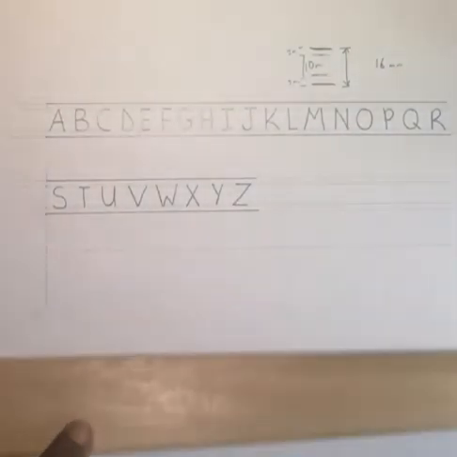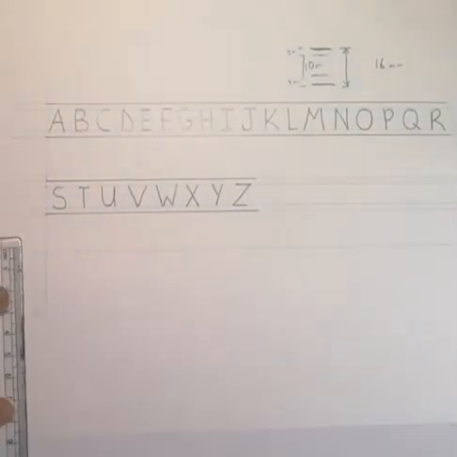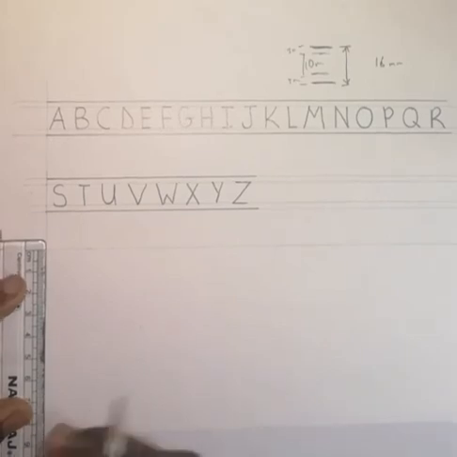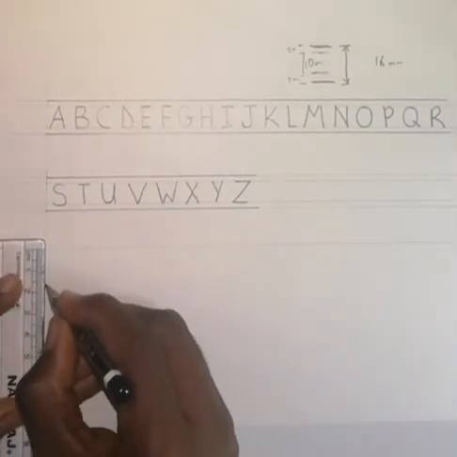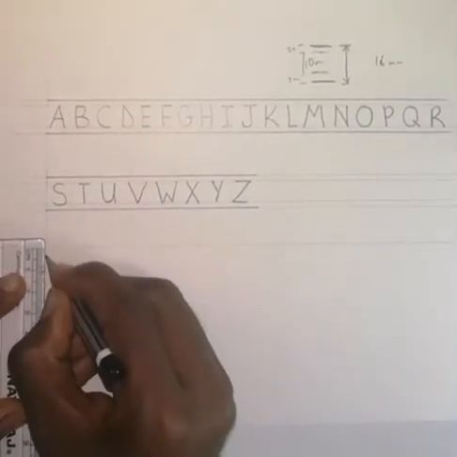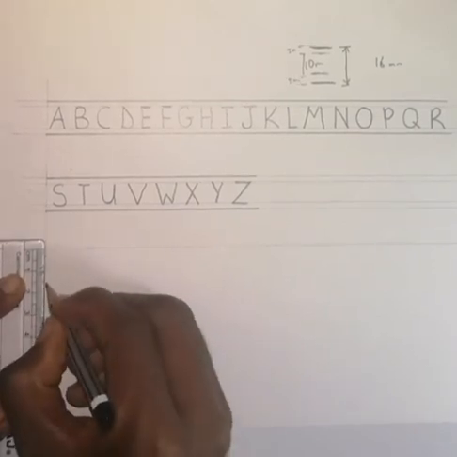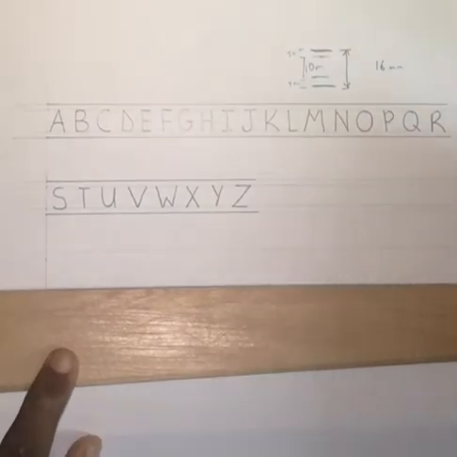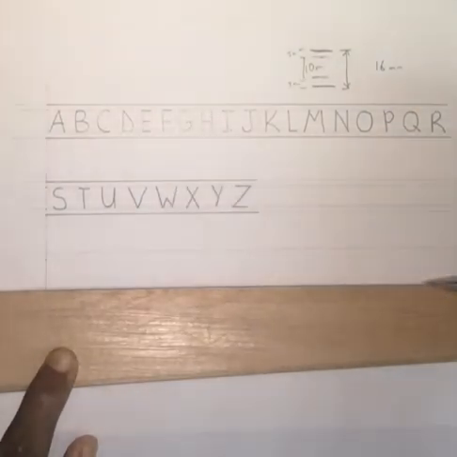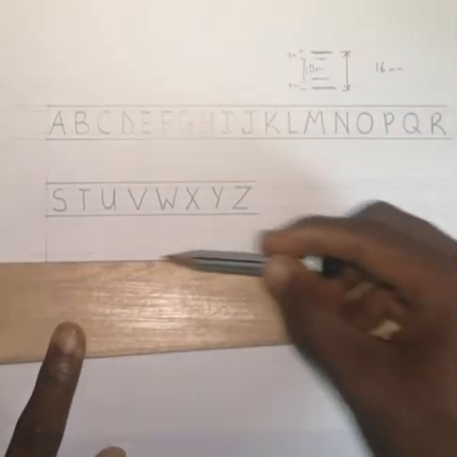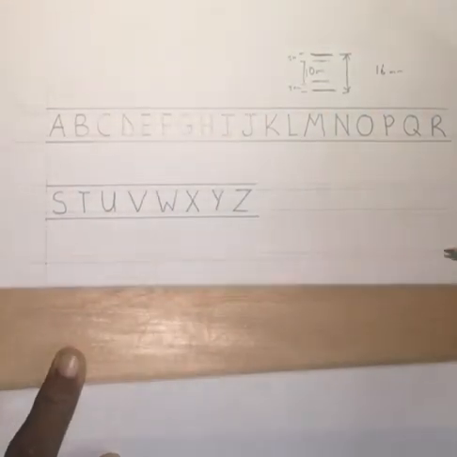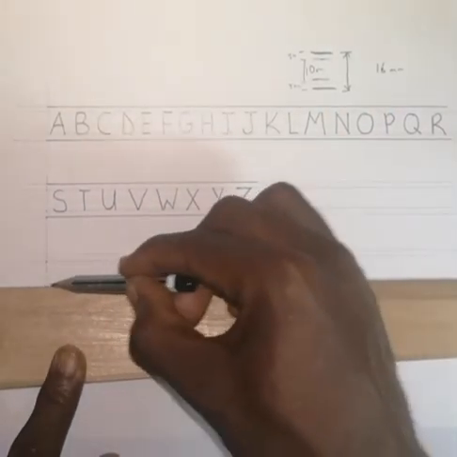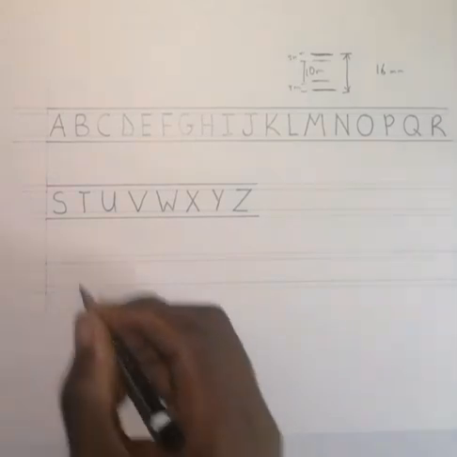You technically don't erase thin lines. There are lines that we need to indicate. So realize I always go thin, thin, thin. Then I'm going to number.